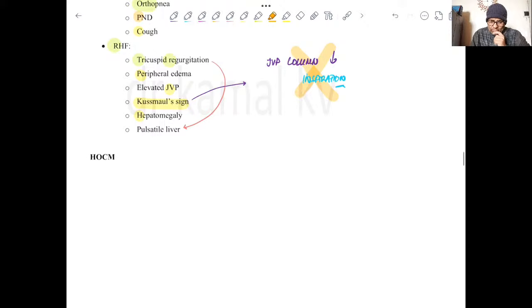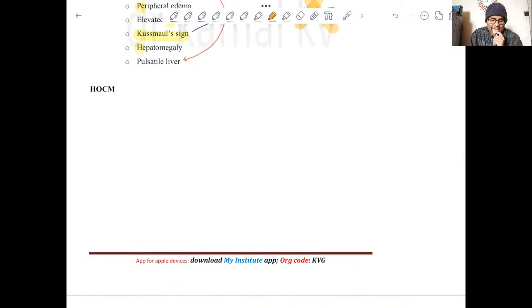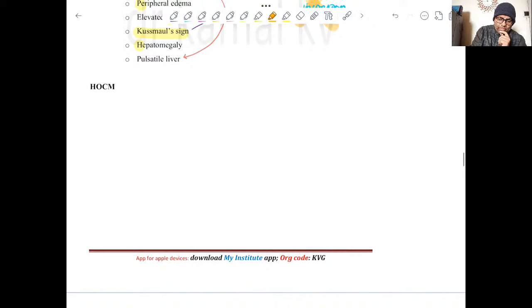Then moving forward to one very beautiful condition, that is HOCM, hypertrophic obstructive cardiomyopathy. Now the name is suggesting the explanation. Hypertrophy means there is hypertrophy of which structure?